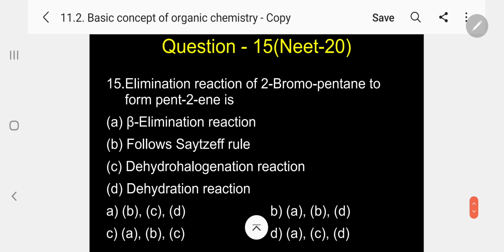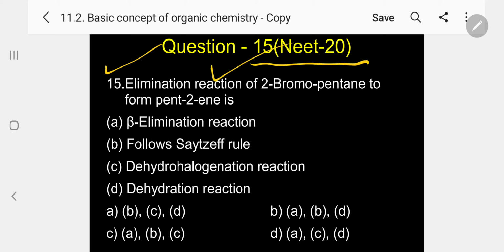The next question, number 15, asked in NEET 2020. Elimination reaction of 2-bromopentane to form pentene.